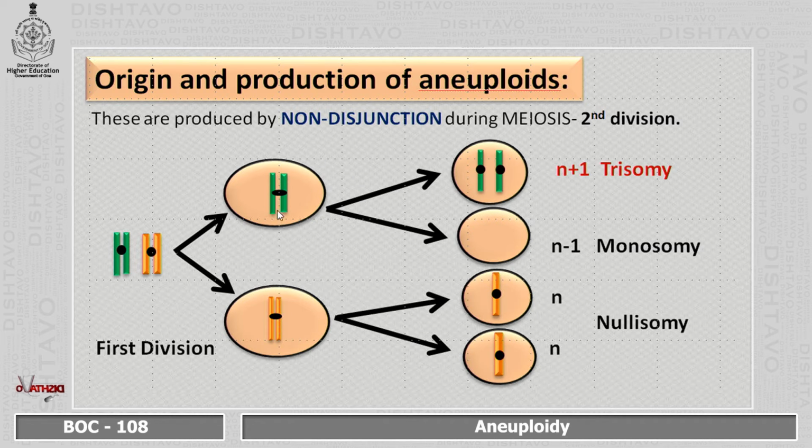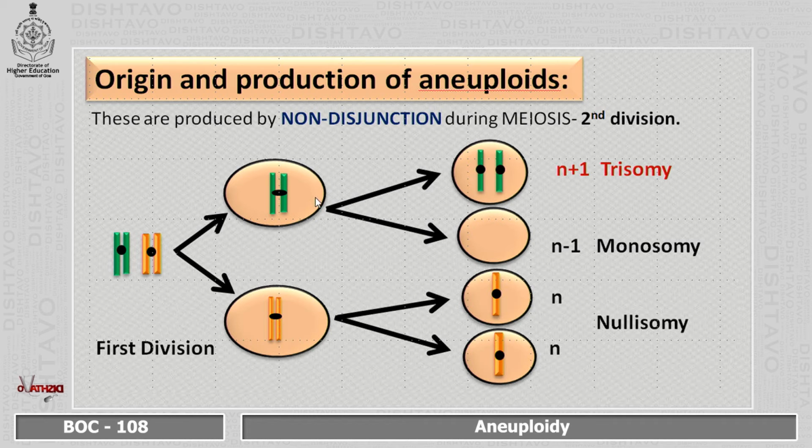Sometimes the first division is normal. In the previous slide, we saw that both went to one place, but here the first division goes normally, crossing over takes place, and all the chromosomes go respectively into the daughter cells. Then these daughter cells undergo the second division of meiosis.